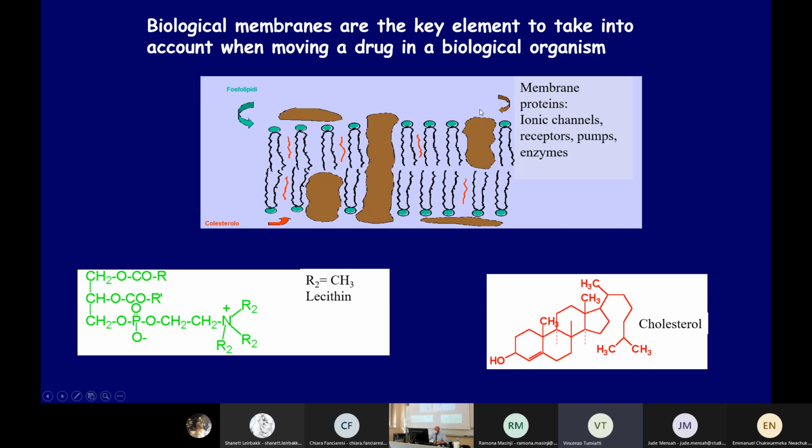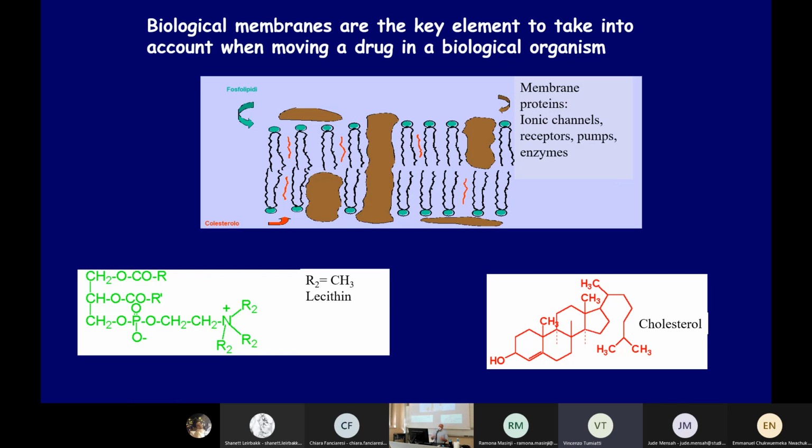For example, channels, we'll see, it's possible. Aquaporins, yes. Because in the membrane we can find a lot of membrane receptors, pumps, enzymes, ionic channels, and so on.